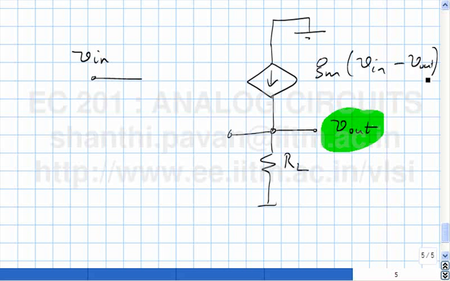Is the sign correct? Yes, because if V out is smaller than V in, you want current to flow into that node. Okay, so the sign is okay. And when steady state is reached, you want there to be no error between the output and the input. So in principle, this Gm must be very, very large or infinity.